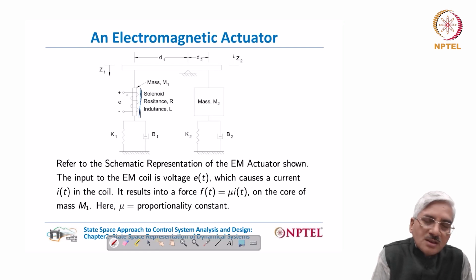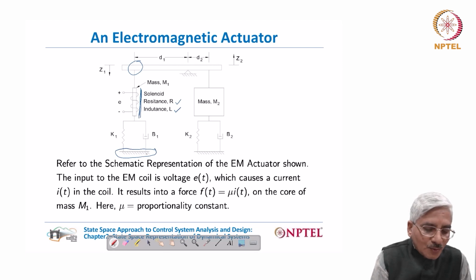A voltage E is applied to the solenoid, and the solenoid has resistance R and inductance L. This mass is coupled on one side to the lever, and on the other side it is connected to a fixed point through a spring with stiffness K1 and a dashpot with damping coefficient beta 1, which is written here.